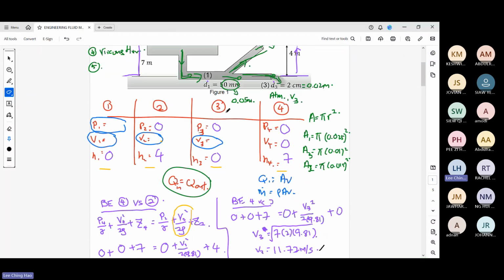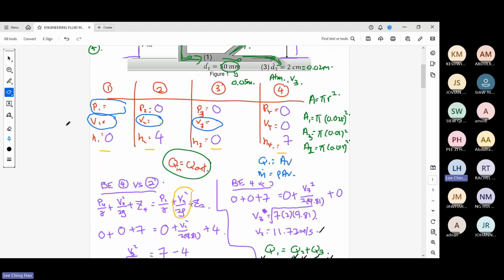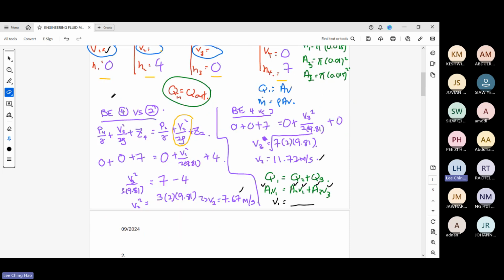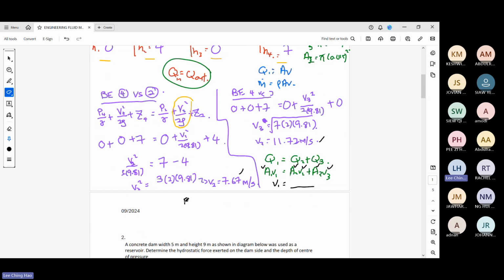Once you found that, this is the moment you will lack one last piece of information, which is pressure 1. So then only you do the Bernoulli equation, 4 versus 1. You want to do 1 versus 4 also can, it's perfectly fine.